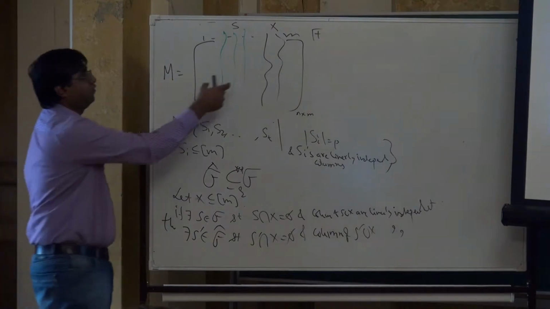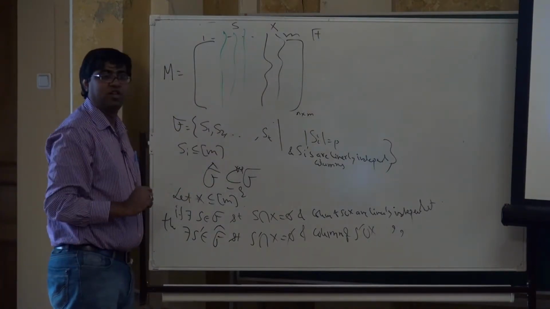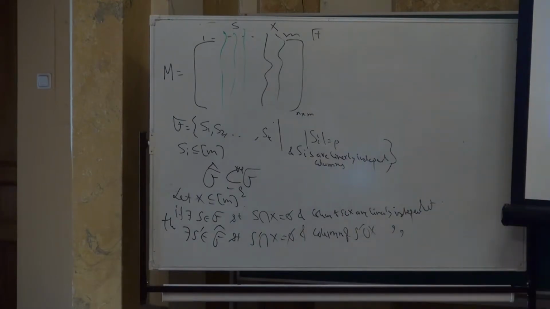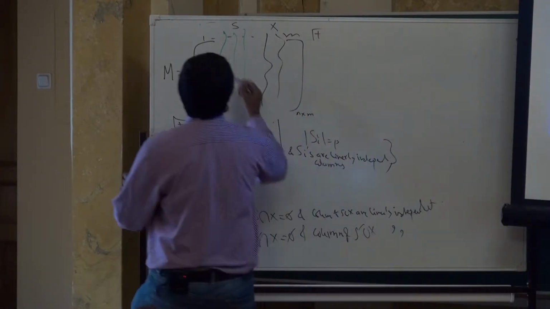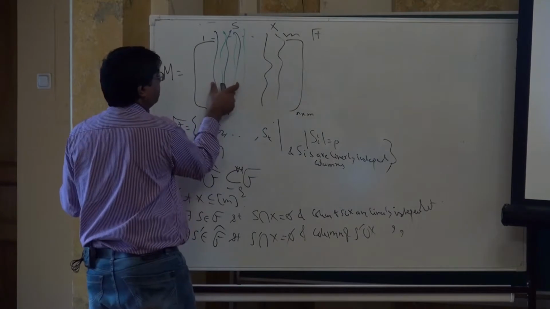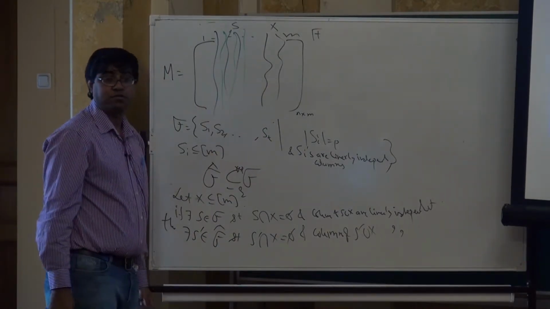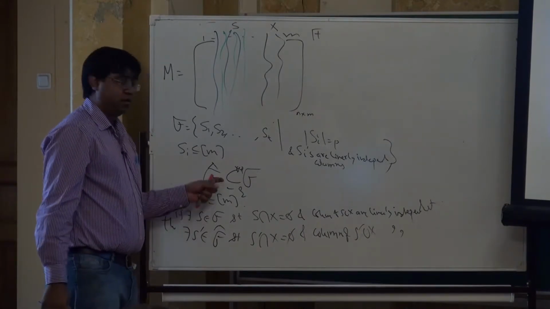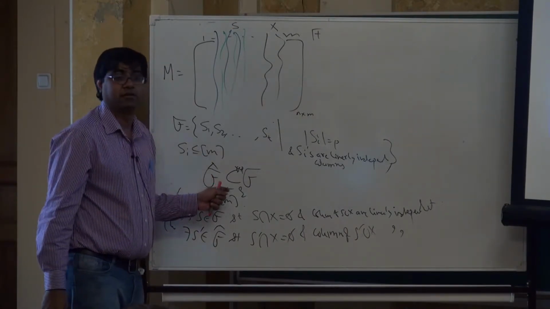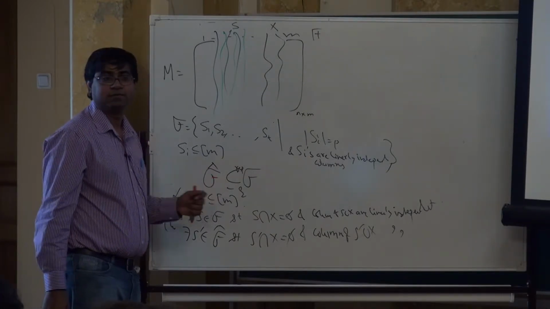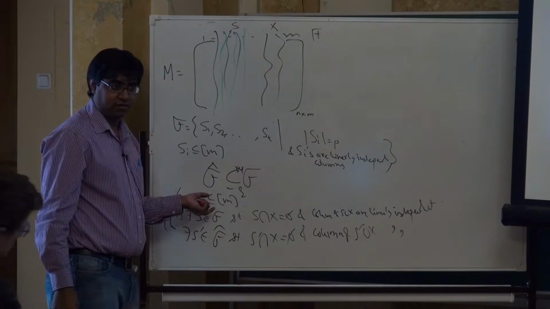So basically, if you have S union X which is linearly independent, then I do have some other set S prime so that S prime union X is also linearly independent. Now my question to you is, first of all, what should be the size of this F hat?